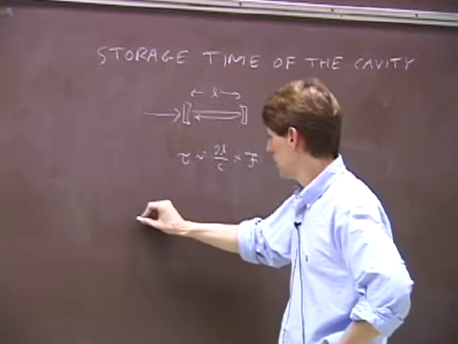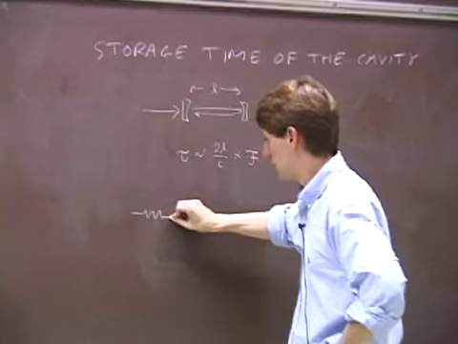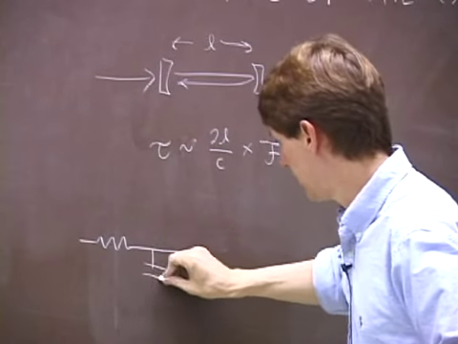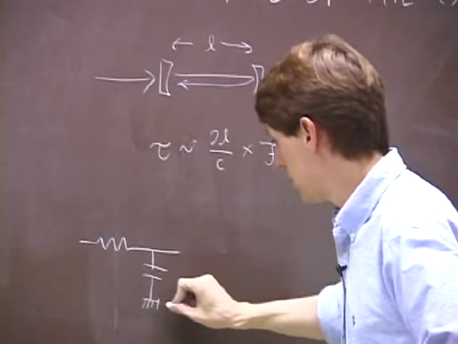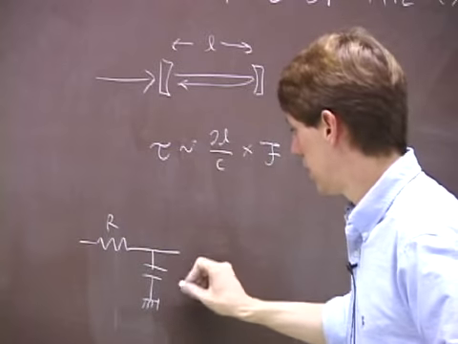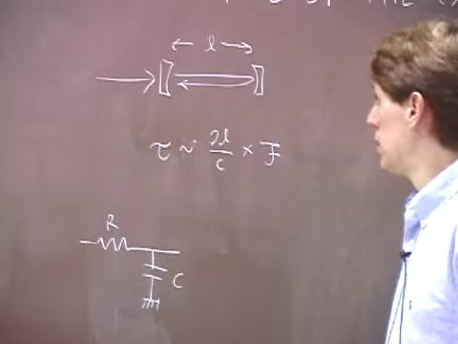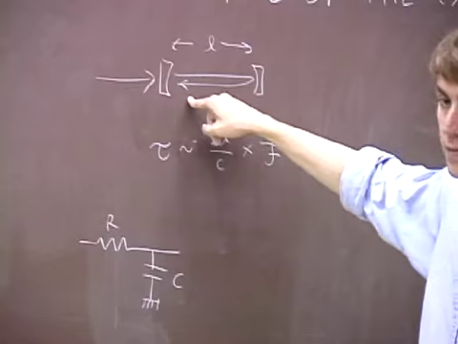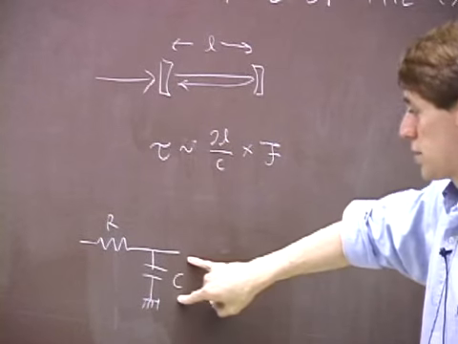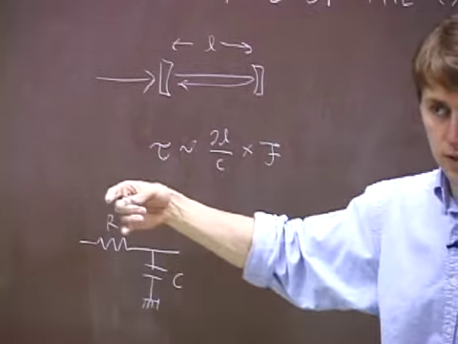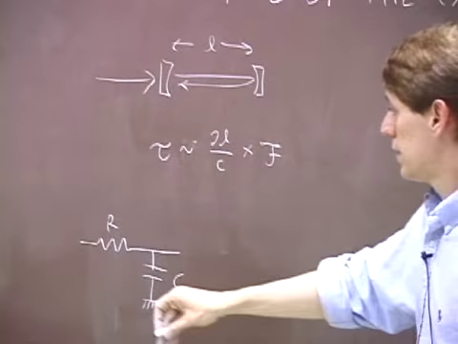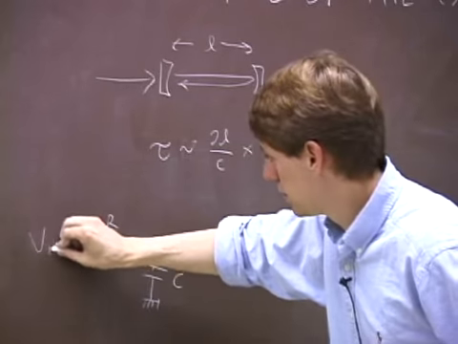In elementary circuits, some of you may be familiar with these, some of you may not. There's a similar effect that goes on in an RC circuit. Just like it takes time to charge up the cavity with light, it takes time to charge up a capacitor with electric charge.